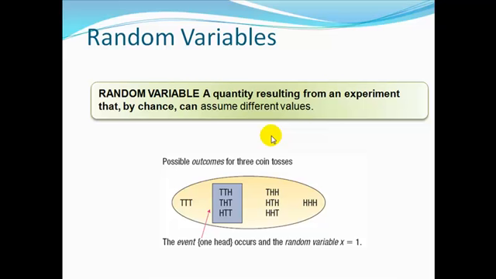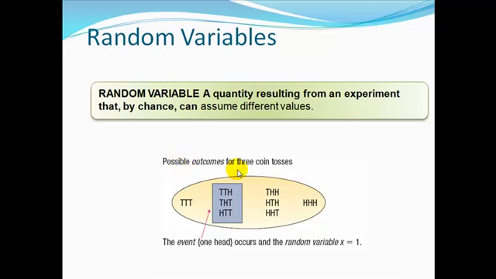In the experiment of tossing the coin 3 times, remember in the last slide I mentioned, pay attention here, we use X to represent the number of heads. So that X is the random variable. In that example, the random variable is the number of heads facing up.